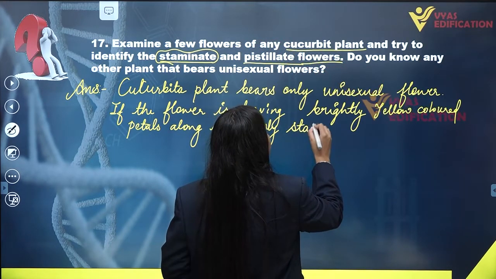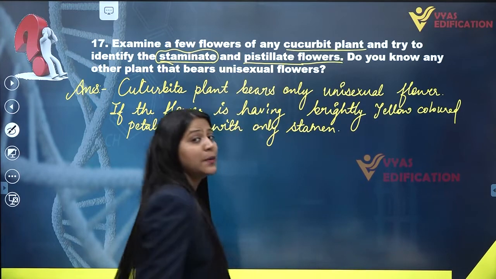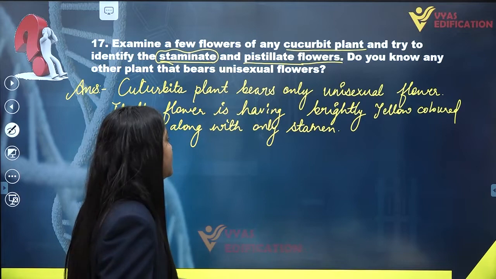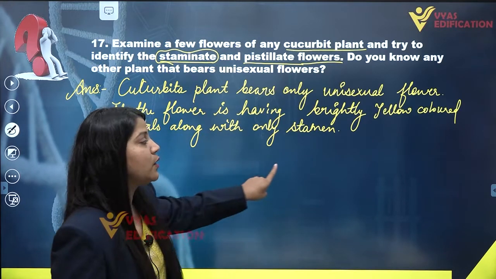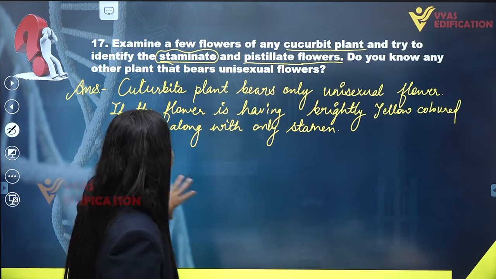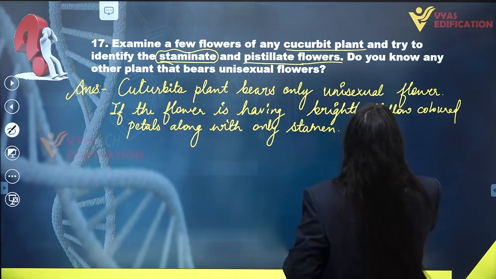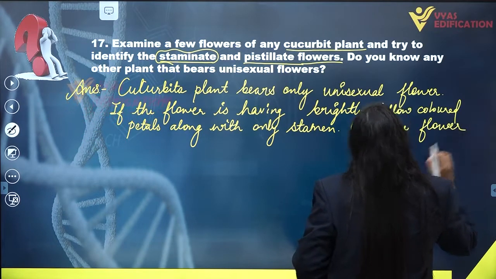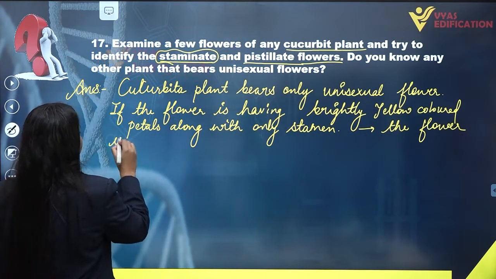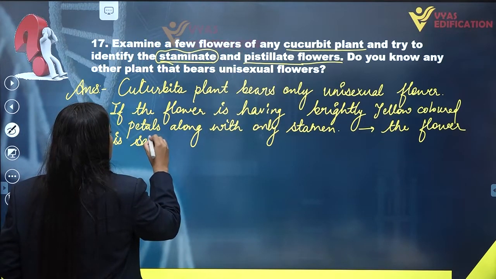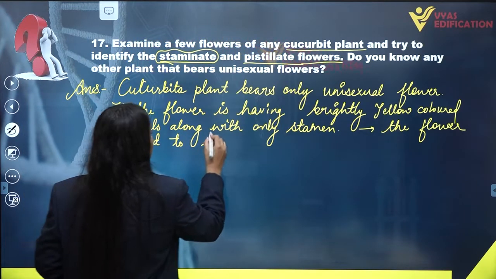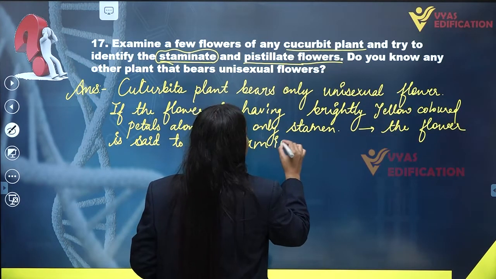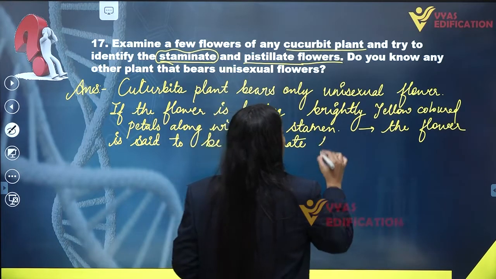Because the flowers are actually unisexual, which means they can bear only one type of reproductive organ in them. So if the flower has brightly yellow colored petals along with only stamen, the flower is said to be a staminate flower.